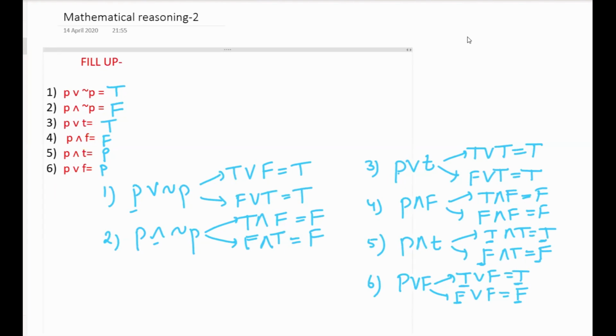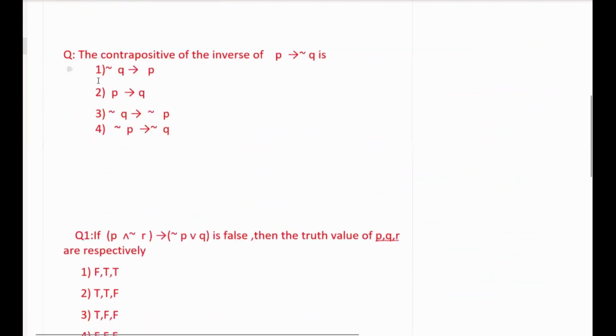Now we are moving to the next question. And what is written here, you have to read the question very carefully. The contrapositive of the inverse of the given statement.